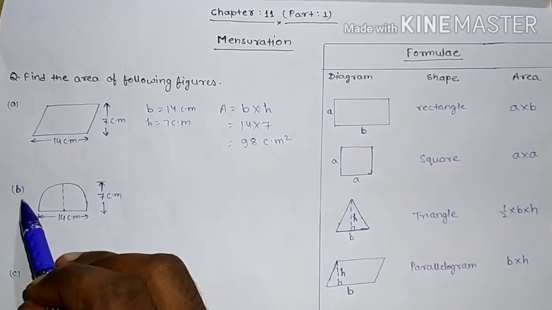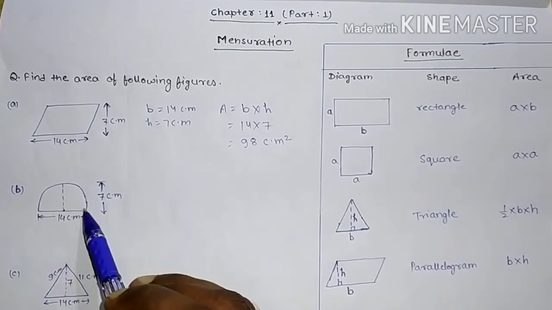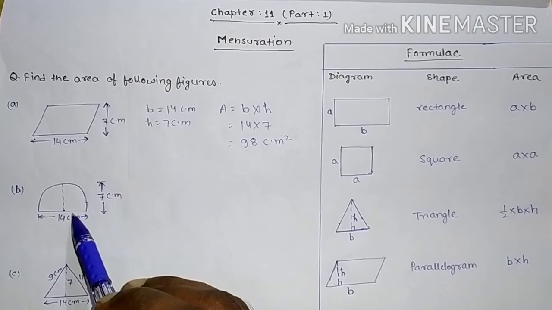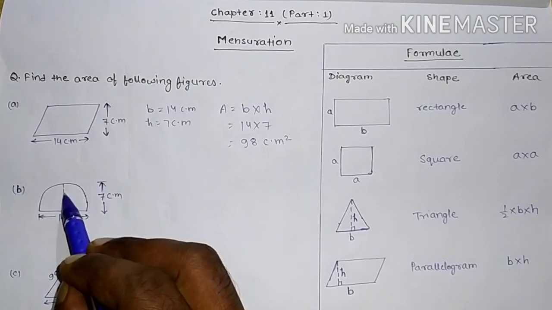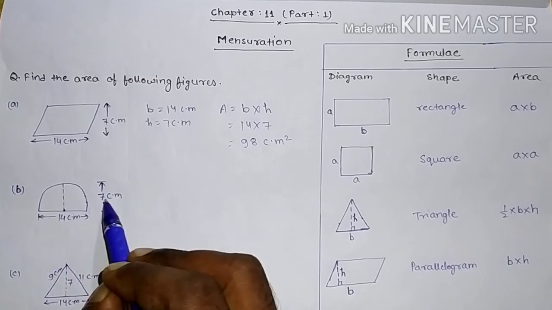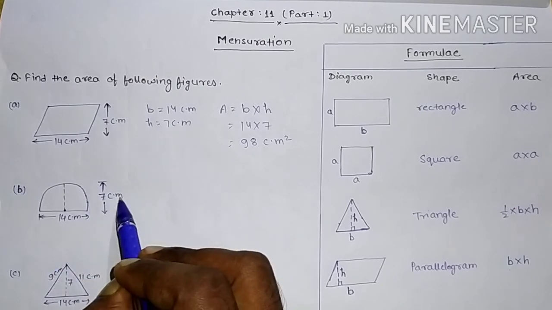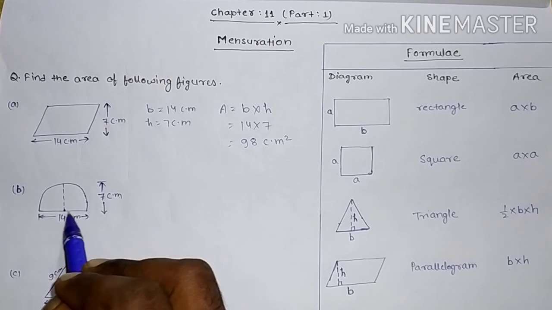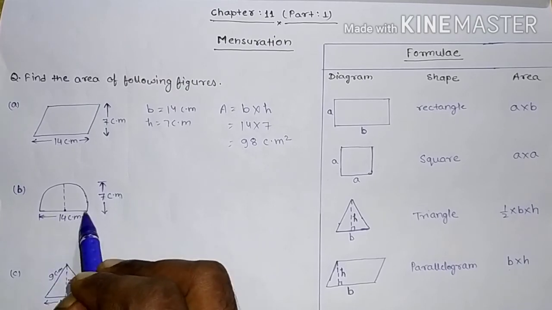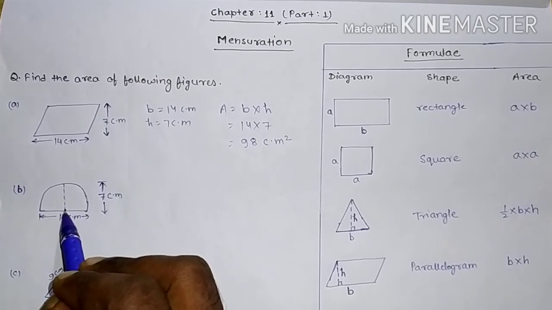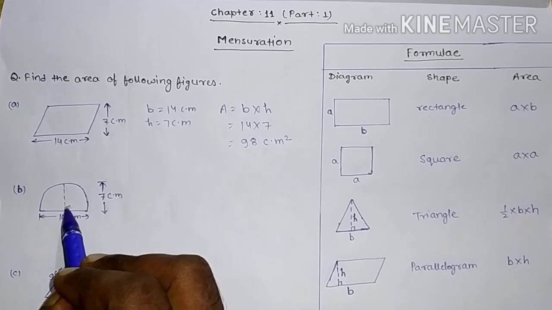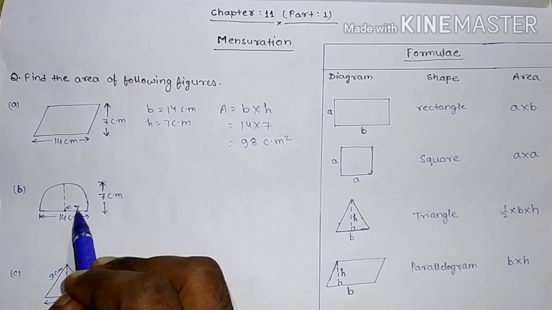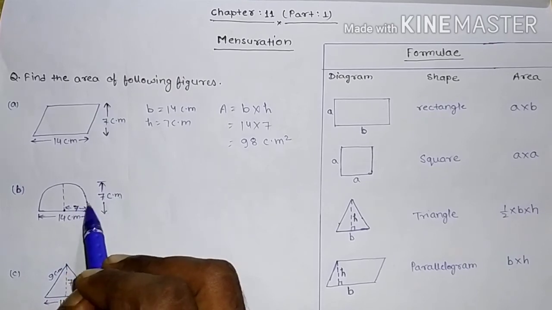Now the next one is a half circle where radius is given. Let's suppose this is center, then it will be radius. So radius is given 7 centimeter. This is diameter, which is 14 centimeter. Here if we find the radius, then 14 by 2, it will be 7 centimeter. Simply same.